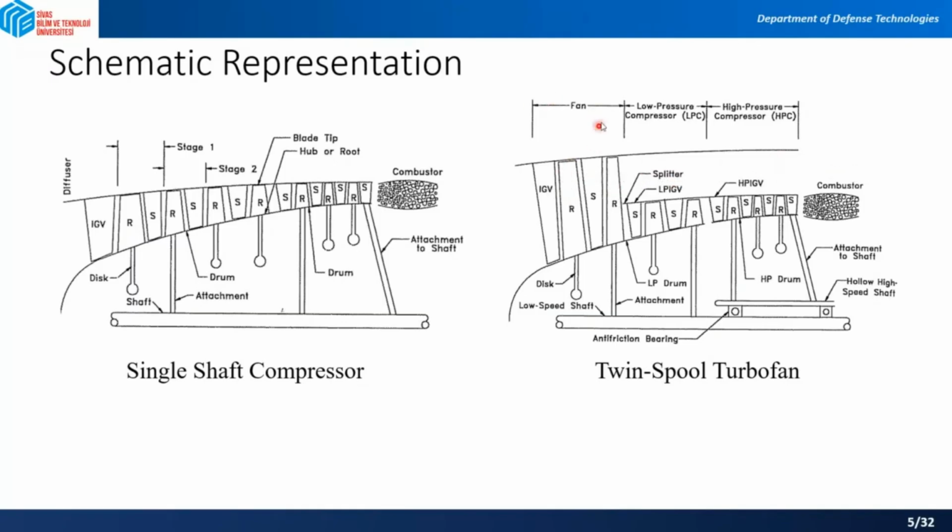So this is a fan part, and then we have two compressors, one is the low pressure and this one is the high pressure compressor, and these two have different drums attached to, let's say, some bearing, and we have different speeds of these, and they are actually driven by the high pressure and low pressure turbines as well.